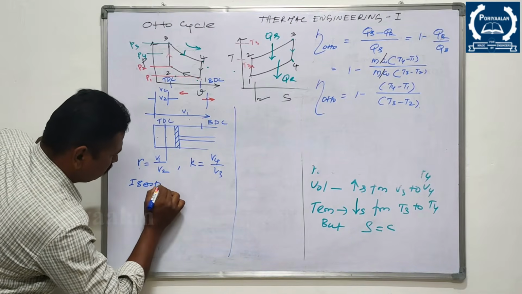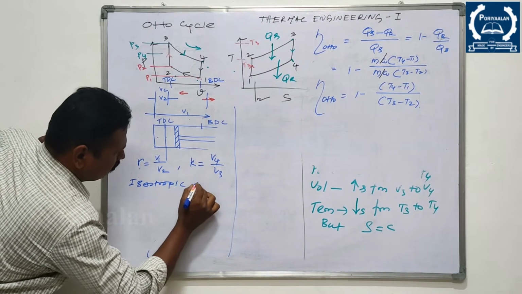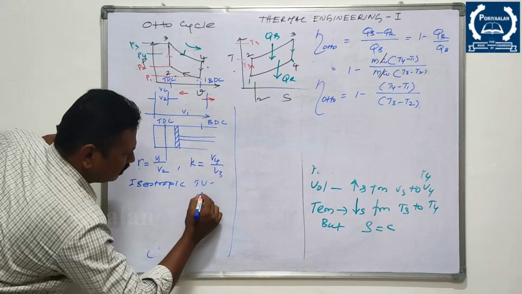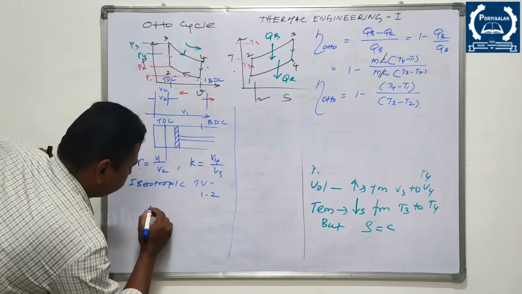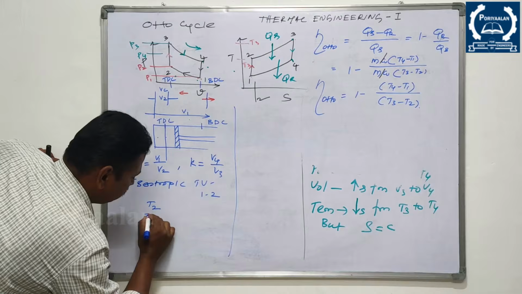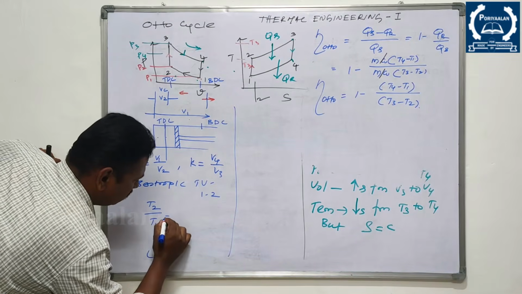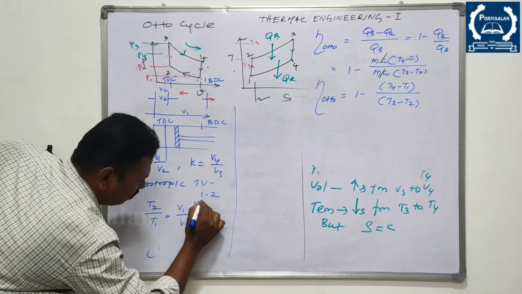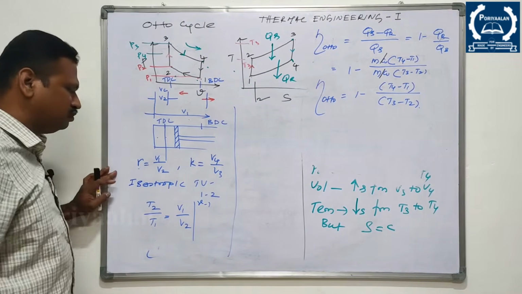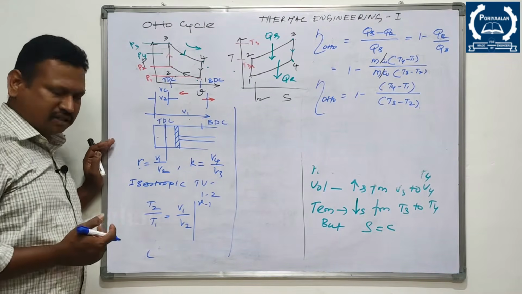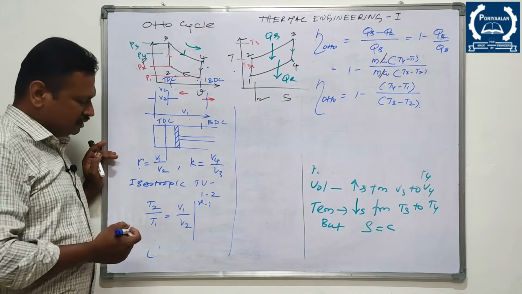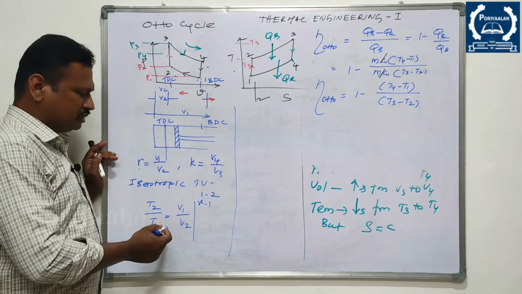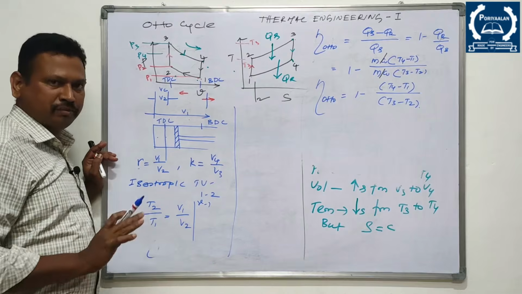isentropic TV relation for the process 1 to 2. T2 by T1 is nothing but V1 by V2 to the power gamma minus 1. These things you should remember. You might have studied this in thermodynamics, right? This is the temperature-volume relation for an isentropic process.